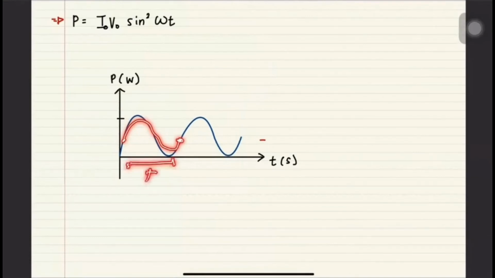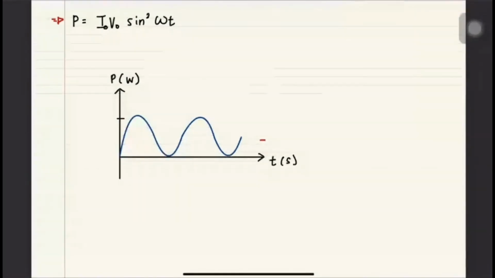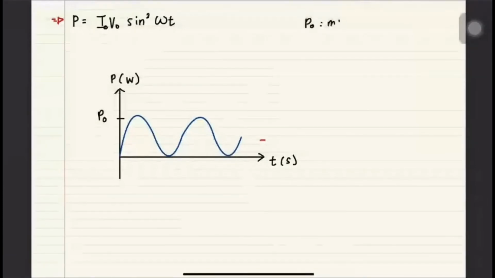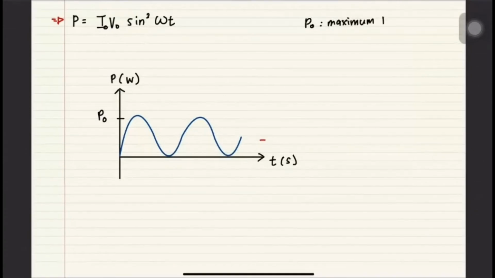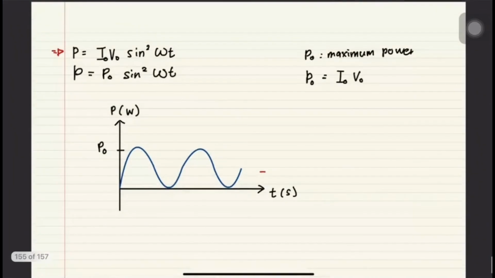Okay, anyway, the maximum over here is what we call P0. P0 here is your maximum power. So basically P0 is your amplitude. So P is equal to P0 sin square omega T, and your P0 is actually I0 V0.